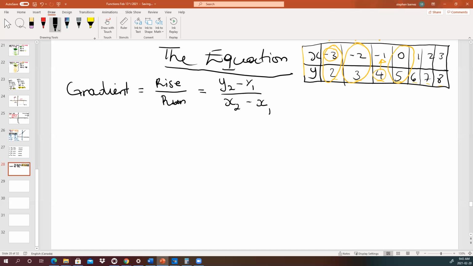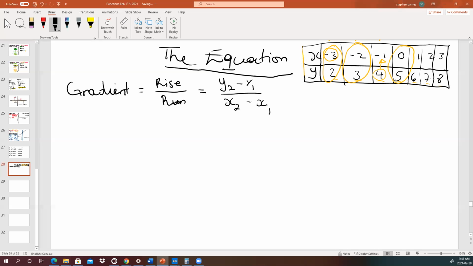Now again, y2 and x2 represent corresponding points. So if these are for the same point, just like I was explaining right here, you can't use 4 and then 3 over here. So you have to use the same point, right? So this is for corresponding points, and it's the same for y1 and x1.